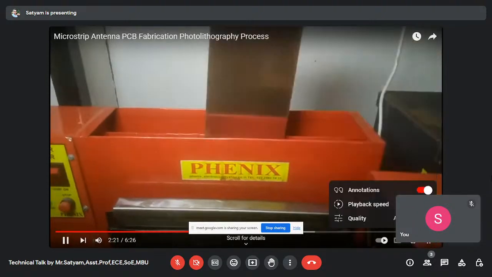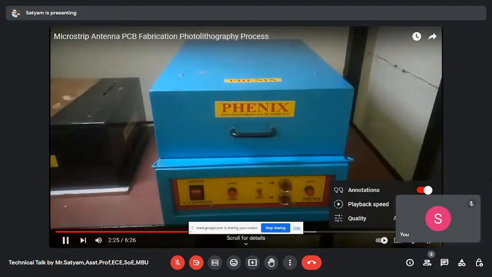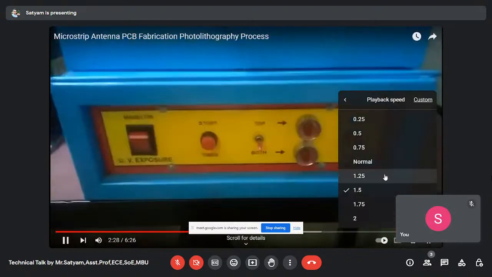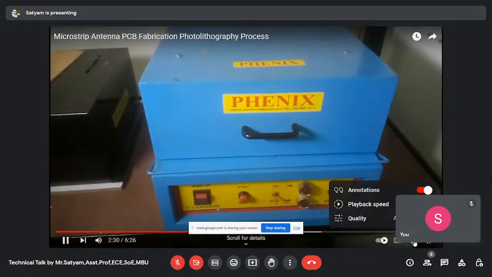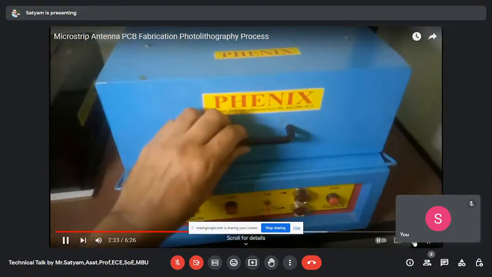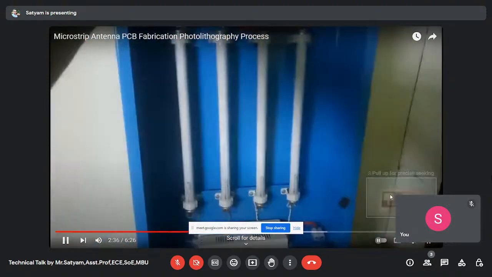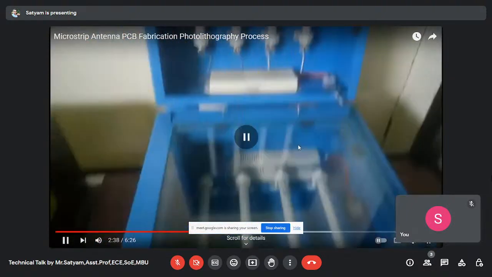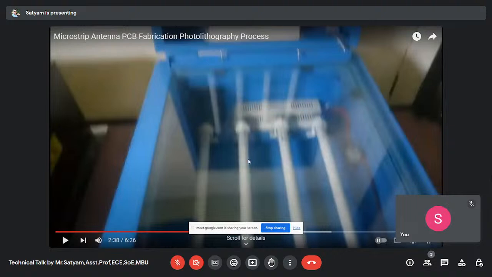Now after the baking, remove the PCB from dryer. The UV unit is used for single or double side exposure using the UV tubes. So this you can see are the UV tubes. On this he will make the design, right? The image.